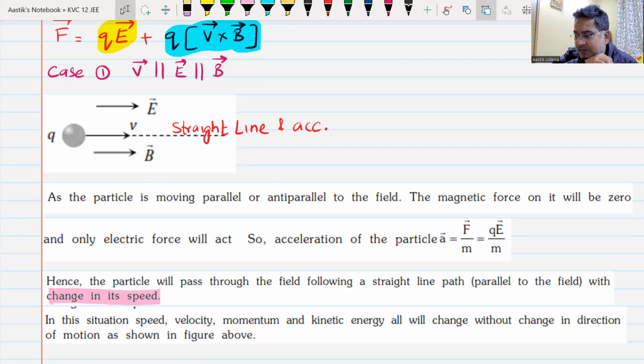The particle will keep on moving in a straight line. You understand this, yes or no? Yes, sir. I am giving you 2 minutes to write down this case. So this was the first case. All three are parallel. It was very easy to understand.